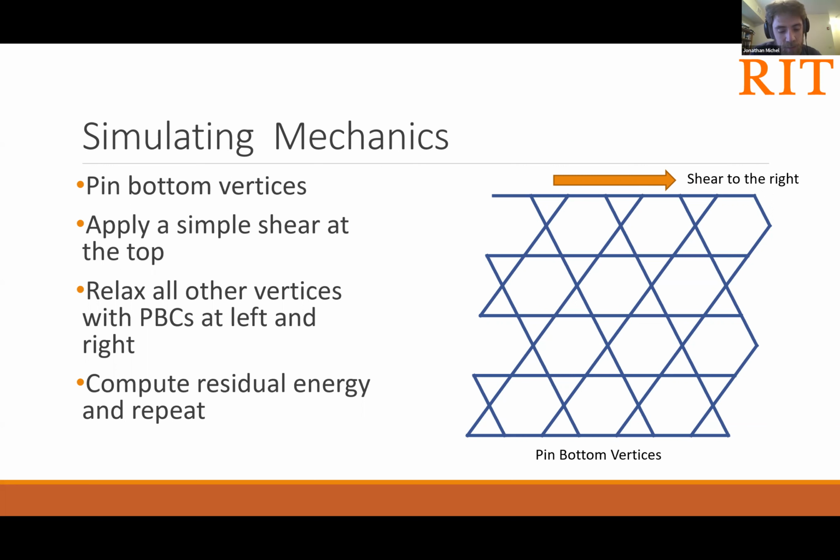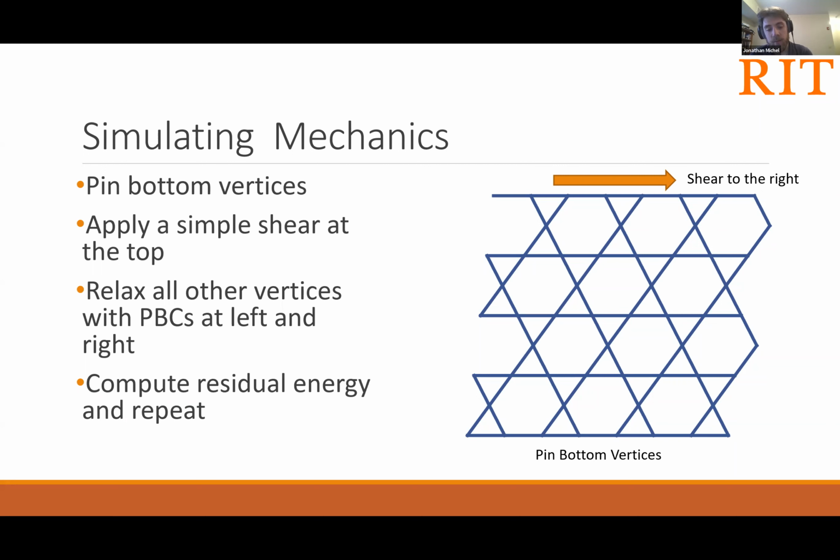So we'll consider 5 different shear amplitudes for a fixed compression. With the constraints that I mentioned, we then relax all of the other degrees of freedom in the network, so all of the vertices apart from the top and the bottom vertices.